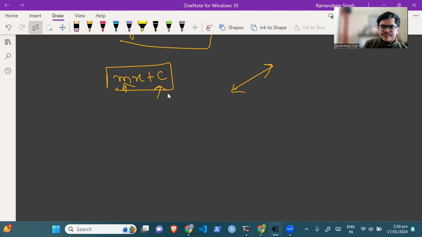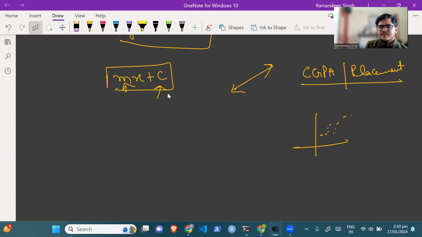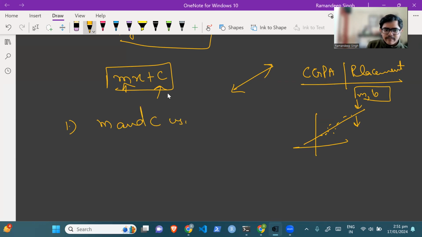Then we will take the data, CGPA and placement, and plot it as a scatter plot using code, and plot our regression line first, where we will change the m and b coefficients to see how this line moves. Then we will find the optimum values of m and c using the scikit-learn linear model library, so that our error function is minimized.